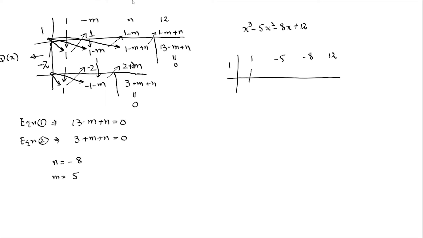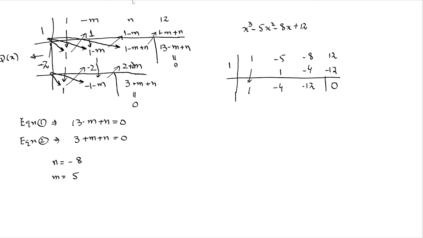So write 1 as it is. 1 multiplied with 1 is 1. Minus 5 plus 1 is minus 4. Minus 4 multiplied with 1 is equal to minus 4. Minus 4 plus minus 8 is minus 12. Minus 12 multiplied with 1 is equal to minus 12. So the remainder is equal to 0.